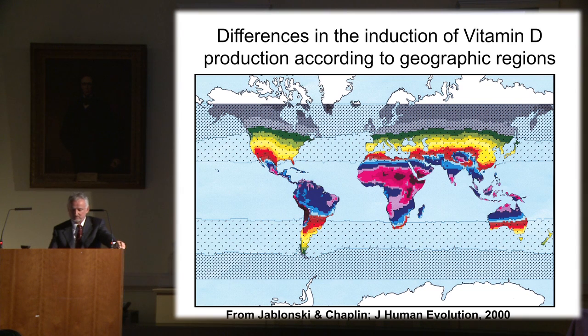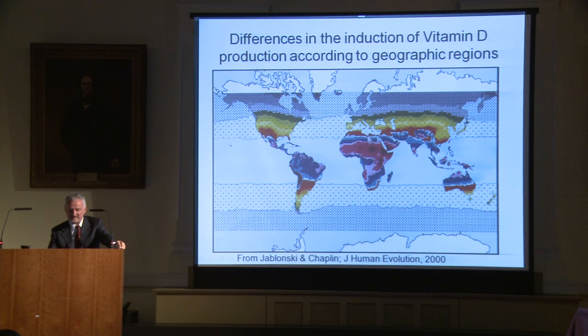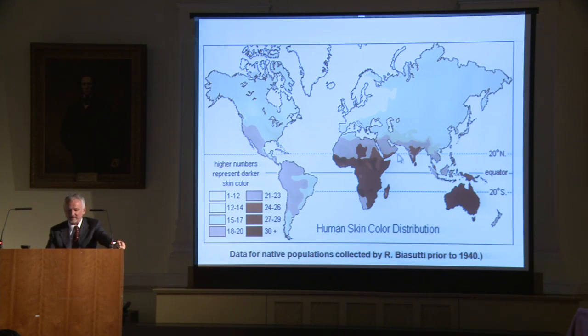So these two maps are really superposable, because the areas where there is highest sun exposure correspond very much to the areas where people with dark skin live, with the exception, of course, of South America, where, although there is a strong UV exposure, skin is not as dark as you would find it in southern India or in Africa or in Australia.